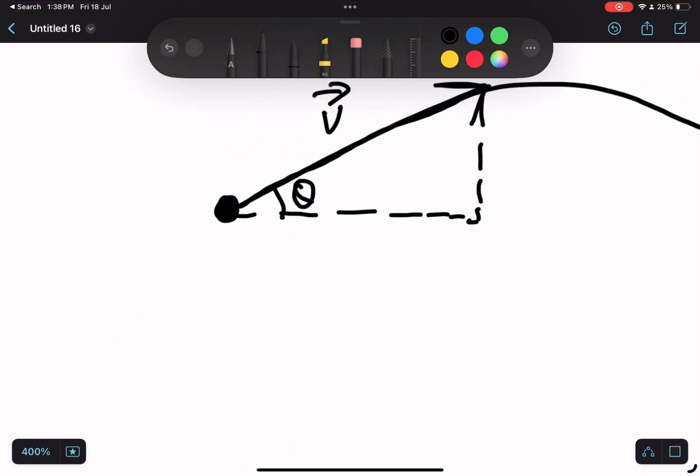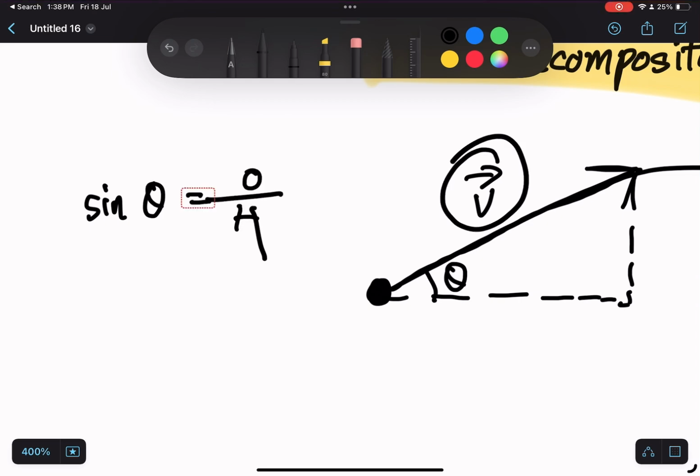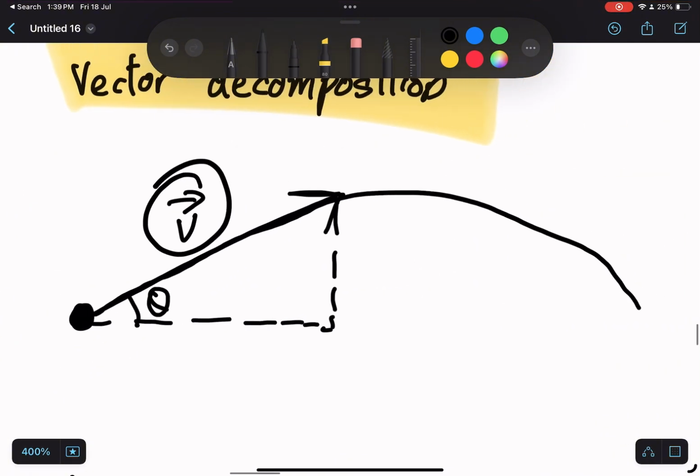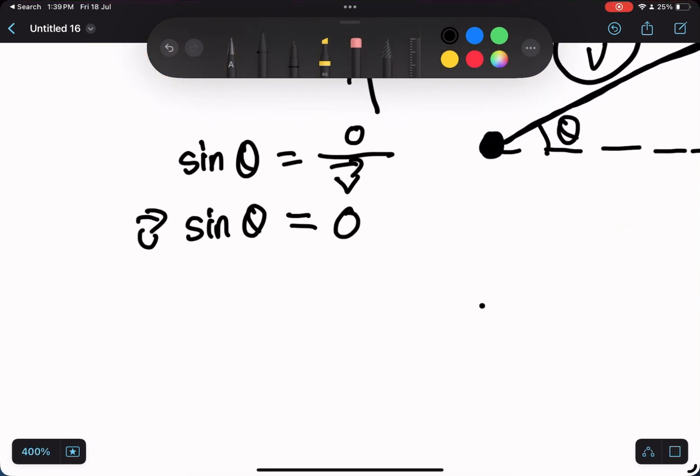Okay. Now for this part we'll need to use some simple trigonometry. So sine theta is equivalent to the opposite over hypotenuse, where the hypotenuse is just v. So sine theta equals the opposite over v, and thus we can define the opposite to be sine theta multiplied by v. So now we have decomposed its y-axis. Now we'll use a similar concept but to get its adjacent line, which is cos theta equals adjacent over hypotenuse.